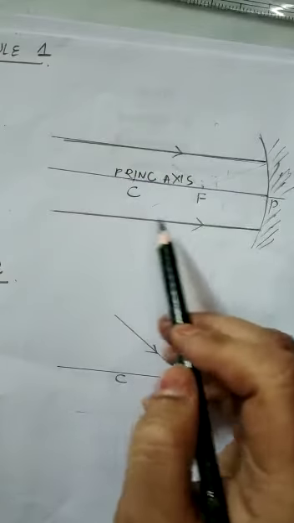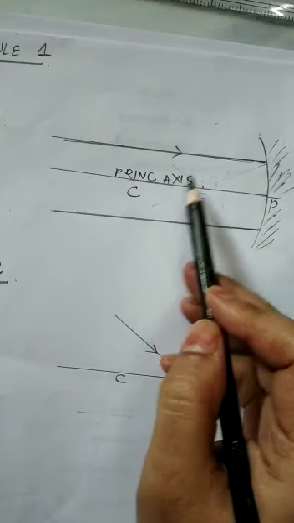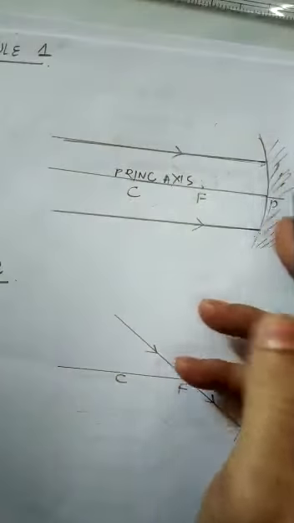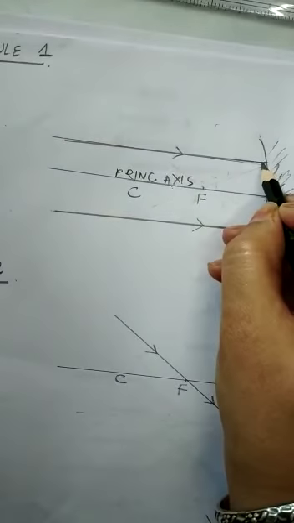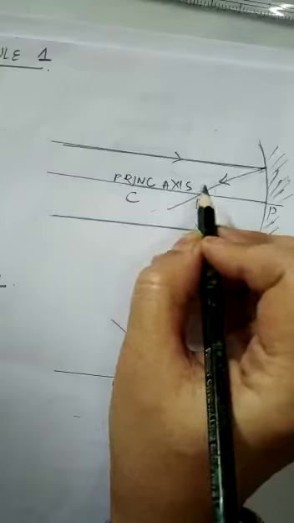Any incident rays of light which is parallel to the principal axis, when it strikes the reflecting surface of the concave mirror, where it goes, it will pass through the principal focus. Okay, it will strike over here and it will pass through where? It will pass through principal focus.